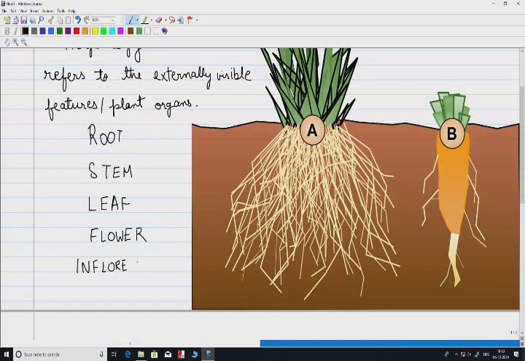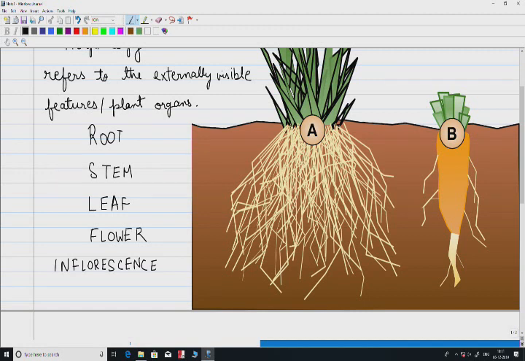So inflorescence and flower we will study consecutively. We will also study types of inflorescence and the parts of the flower: calyx, corolla, androecium, gynoecium.